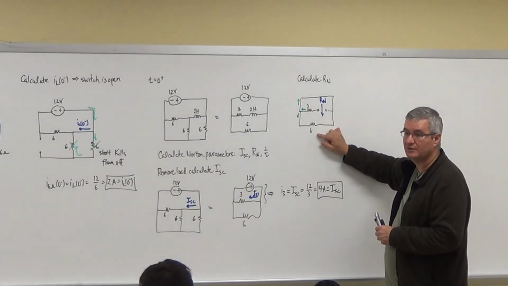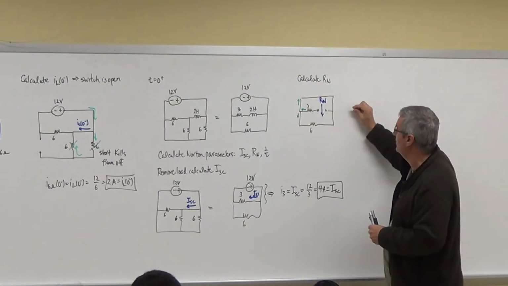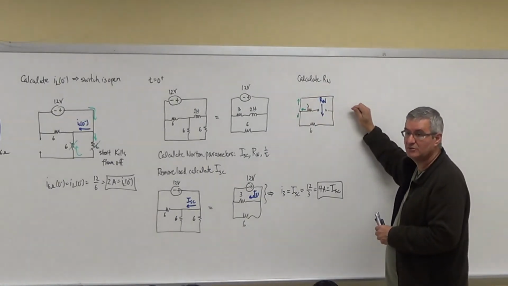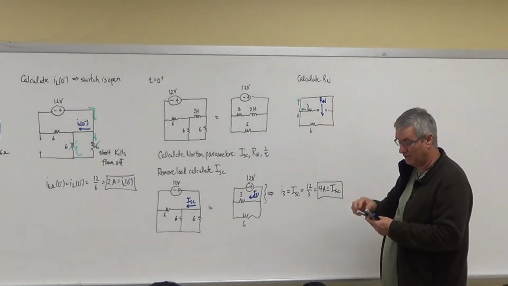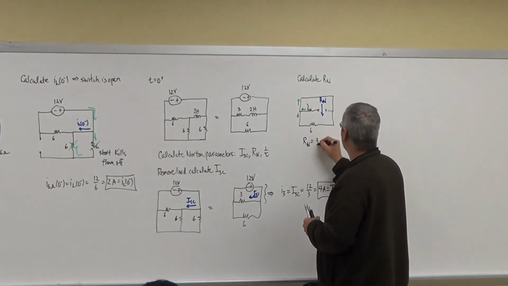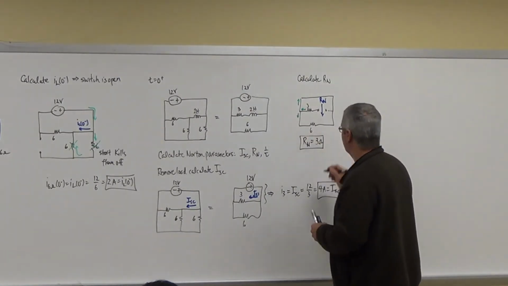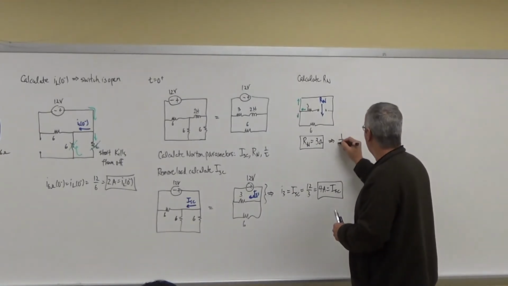Why is it a short? Because if I look at this node and that node, they have to be the same. Therefore it kills off this guy, and I should have a Norton resistance here equal to 3 ohms.